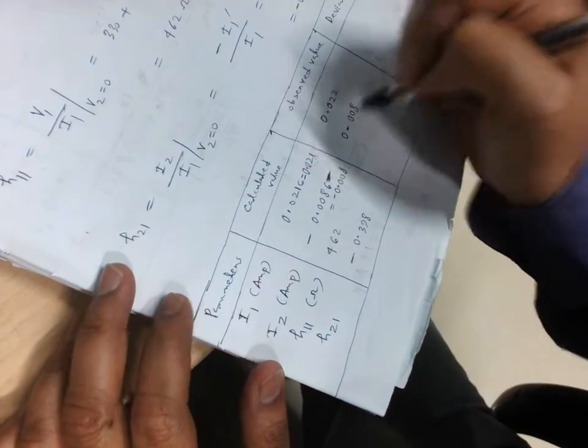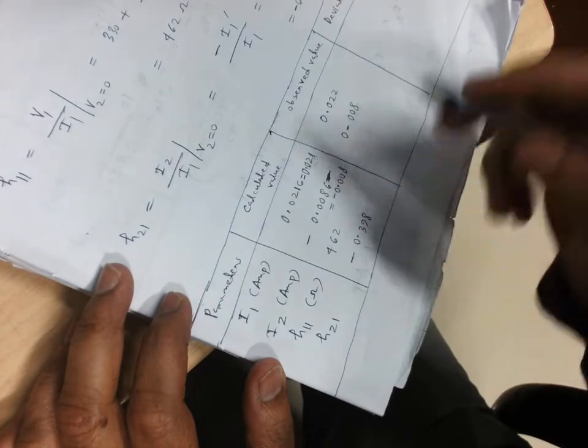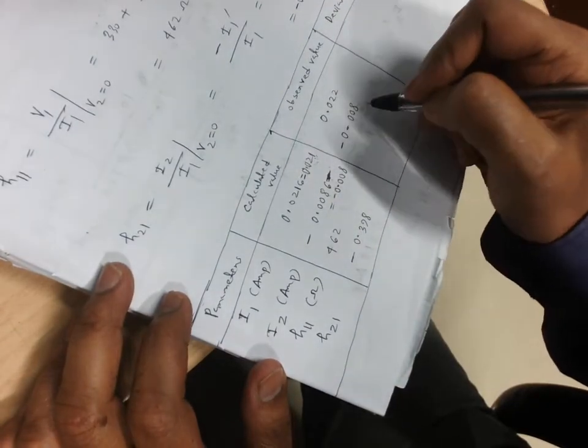So the calculated value is minus 0.008 and the observed value is obviously minus 0.008.